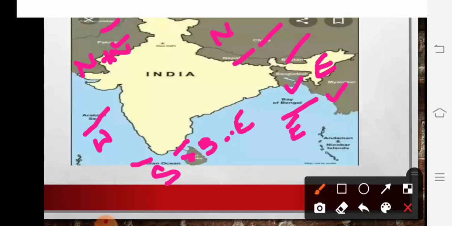Okay children, so I hope the concept is clear. This is India, and here, children, this is the capital of India, that is New Delhi. Okay children, I hope the concept is clear.